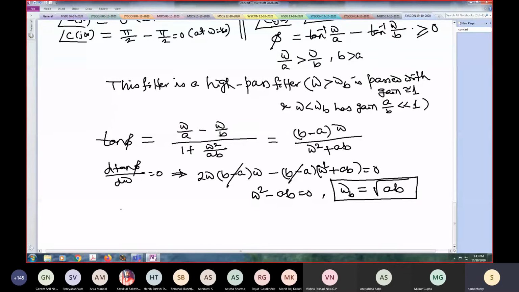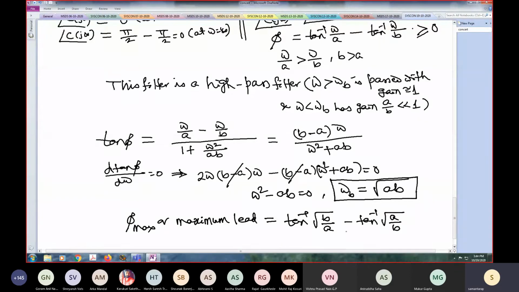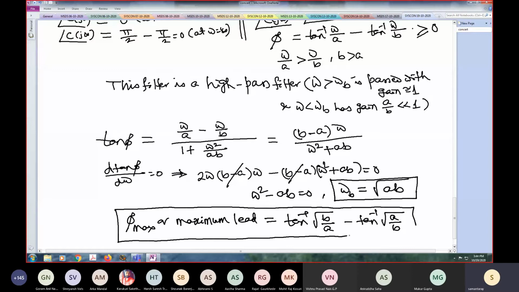So if this is the thing, then phi max, or maximum lead, is given as tan inverse omega by A, where we put omega B, so square root B by A, minus tan inverse square root A by B. Okay, that we know what are A and B. That is 1 by R1C and the other one is 1 by R1C plus 1 by R2C. So this is the maximum lead we will get.